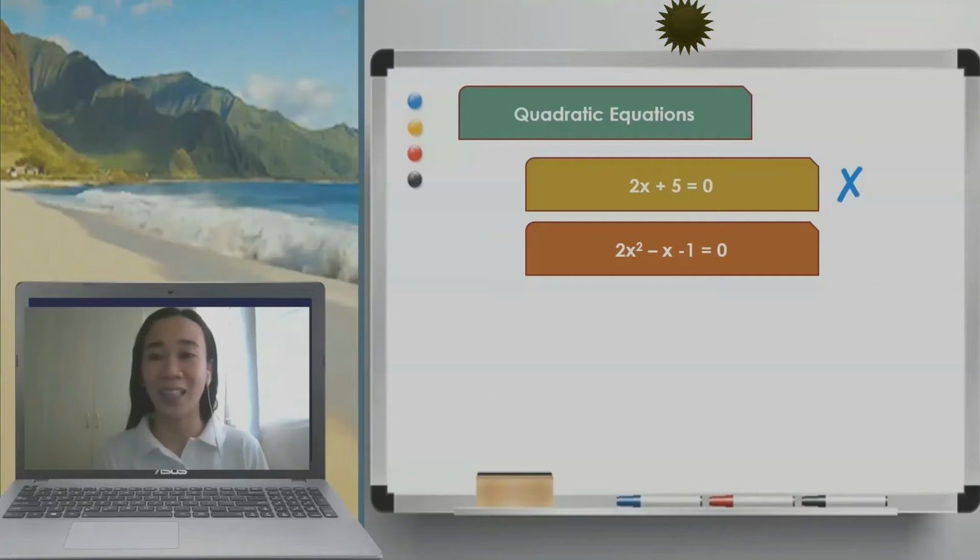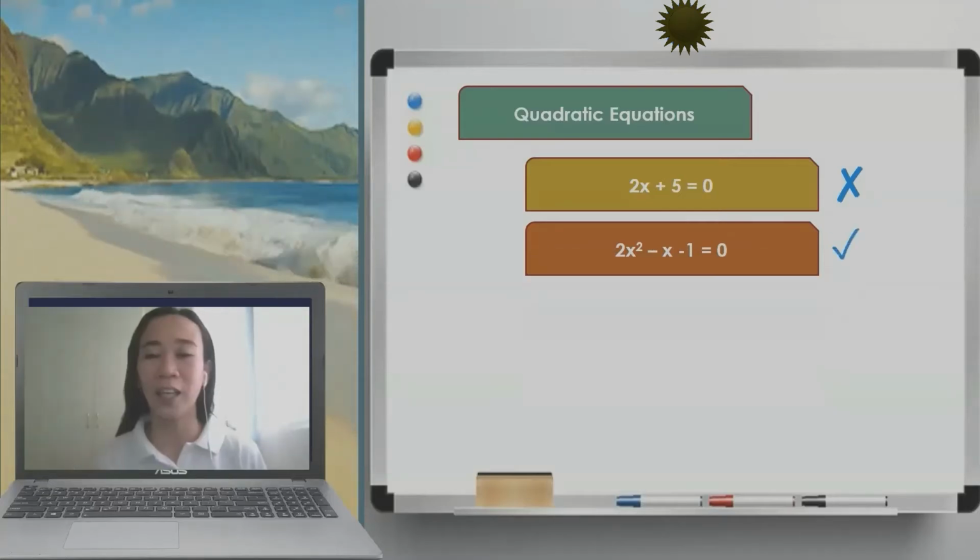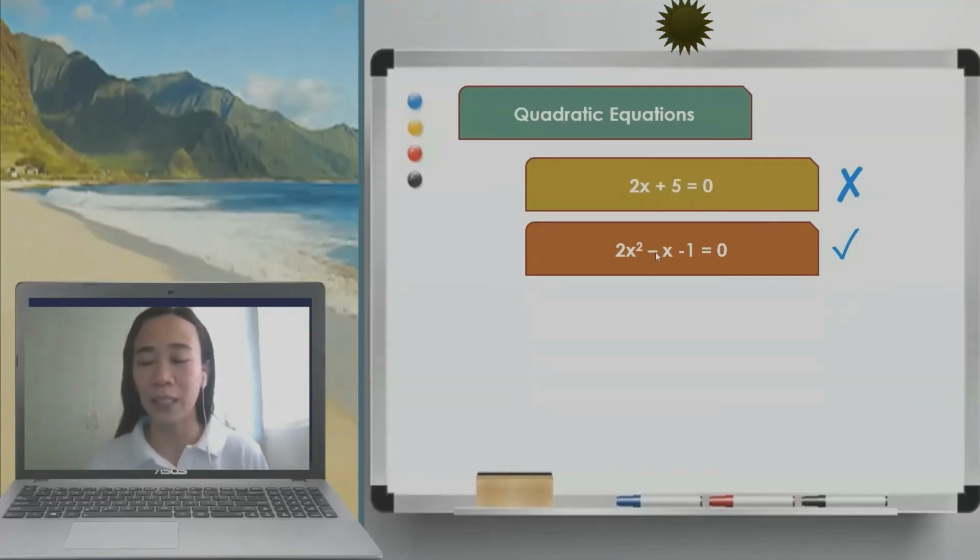Is this a quadratic equation? Fantastic, Guadans! It is a quadratic equation. Here, our a is 2, our b is negative 1, and our c is also negative 1.